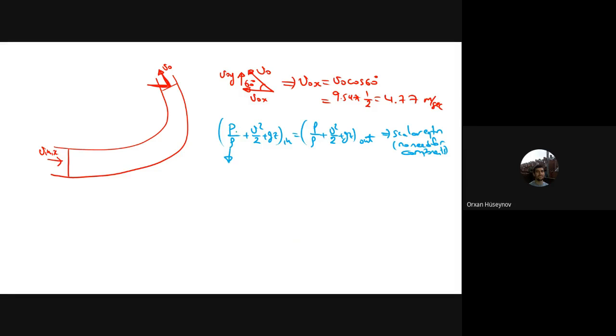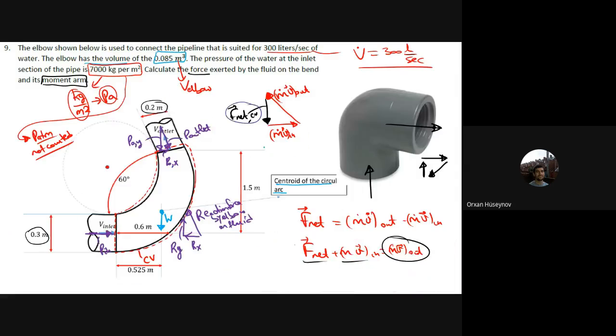For inlet, pressure is 70 kilopascals, and the density is 10 to the power of 3. And the velocity at inlet is 4.24 squared by 2. And the gravity at inlet is the same as at outlet, so gravity is constant, 9.81. And the Z at inlet, now comes that point here.